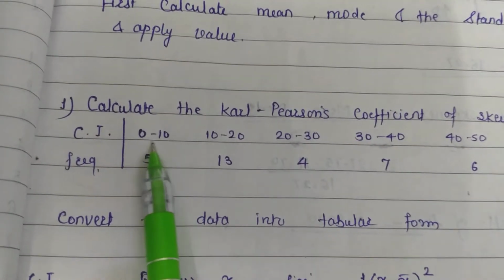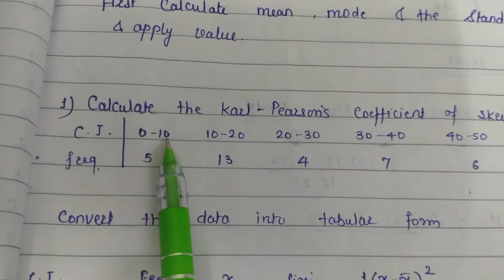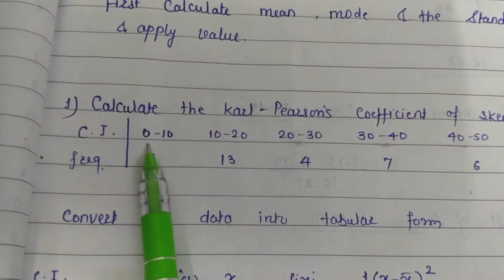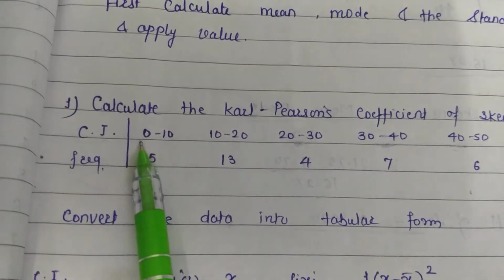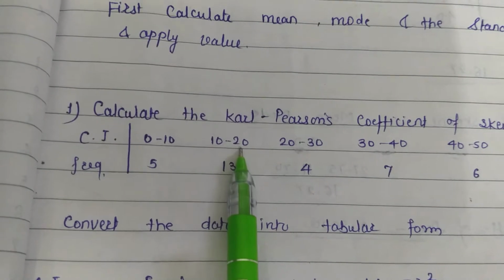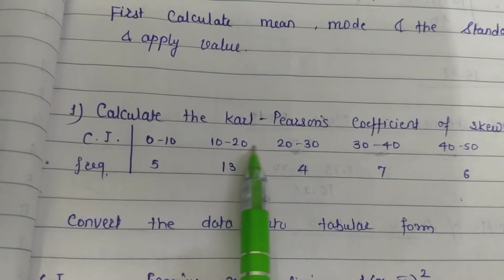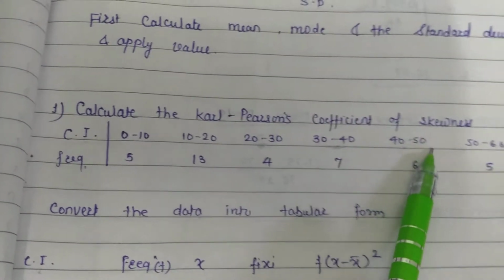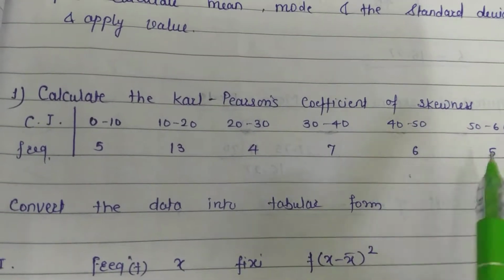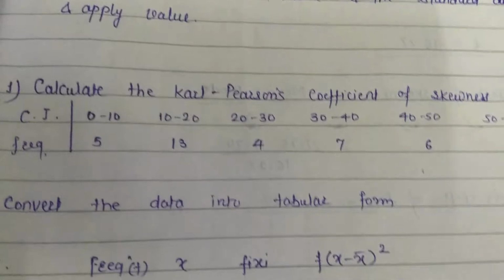Continuous classes means the upper bound of the first class is the lower bound of the second class. See here, 0 to 10 is the class, 0 is the lower bound, 10 is the upper bound. Here 10 is the lower bound, 20 is the upper bound. That means continuity is always formed, therefore the data is known as continuous classes or continuous data. And the respective frequency is always given.